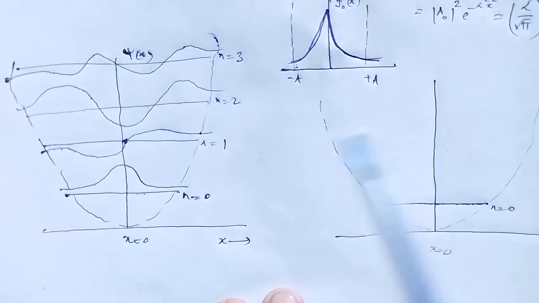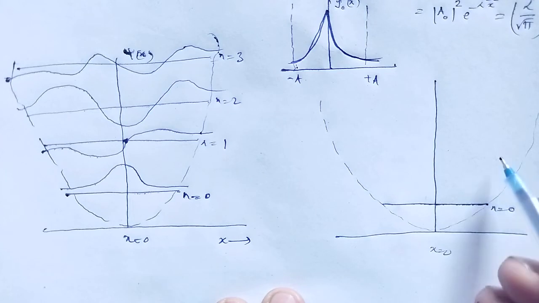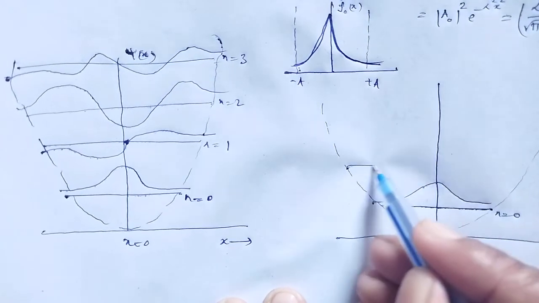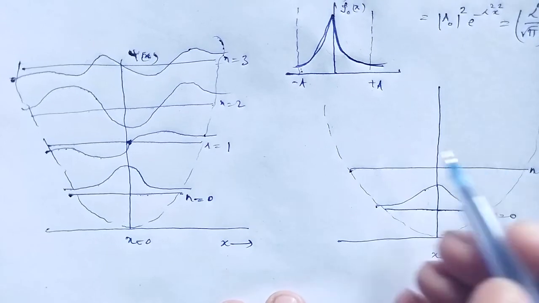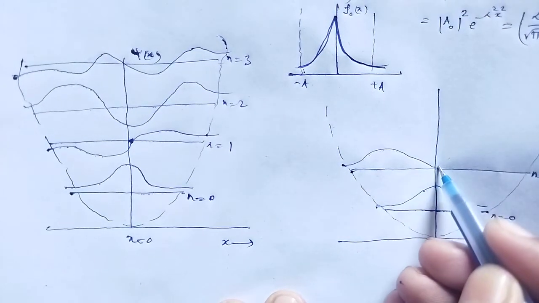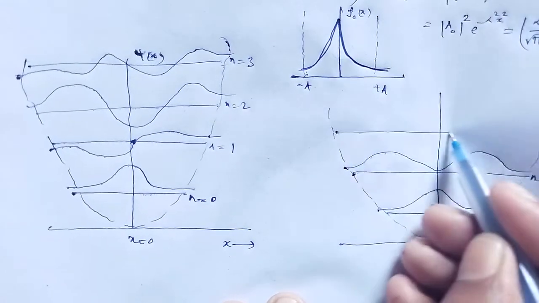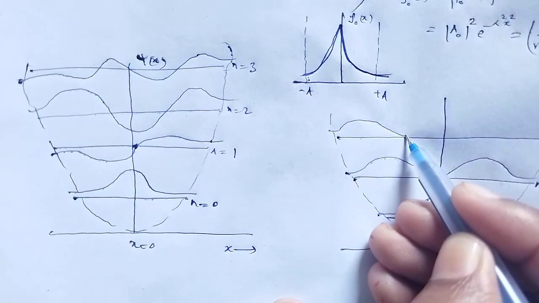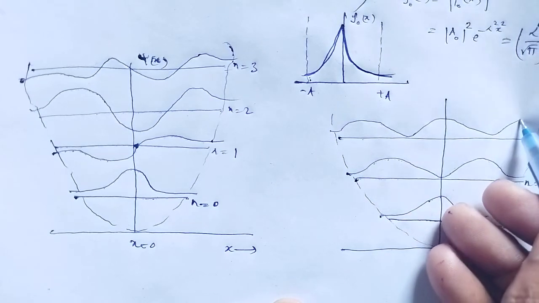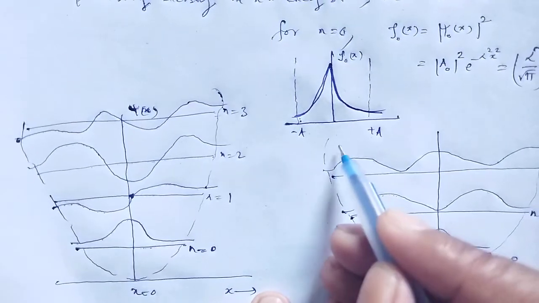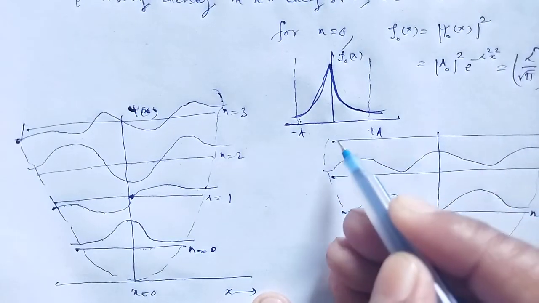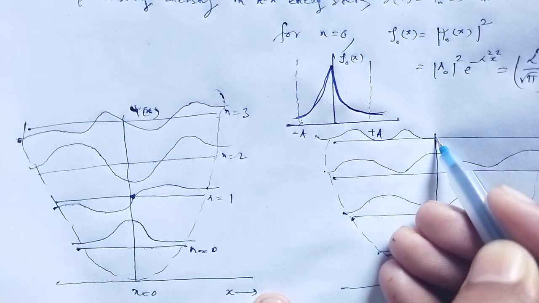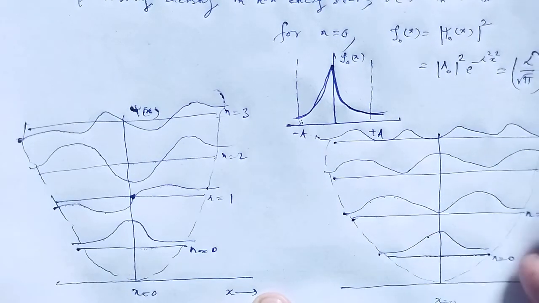For n is equal to 0, its corresponding probability density of finding the particle in that region will be this. n is equal to 1, n is equal to 2, then for n is equal to 4, this is n is equal to 4.